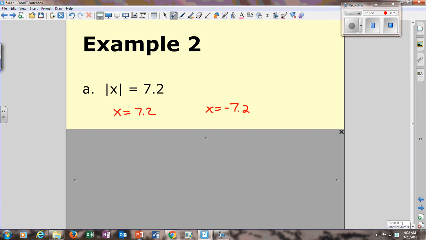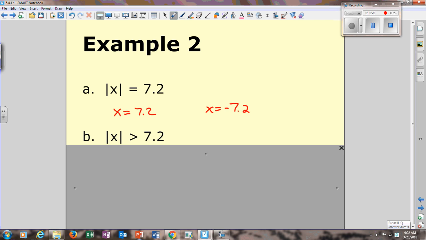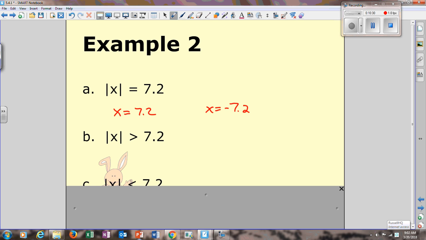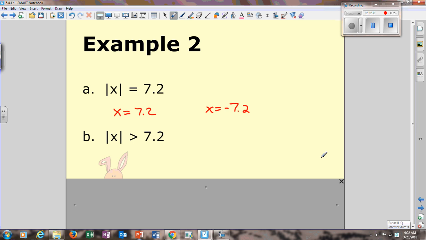If it's a greater than, automatically, you know it's going to be an or. You leave it as greater than 7.2. Or x is, make it negative, and flip the direction of your inequality. Or x is less than negative 7.2.